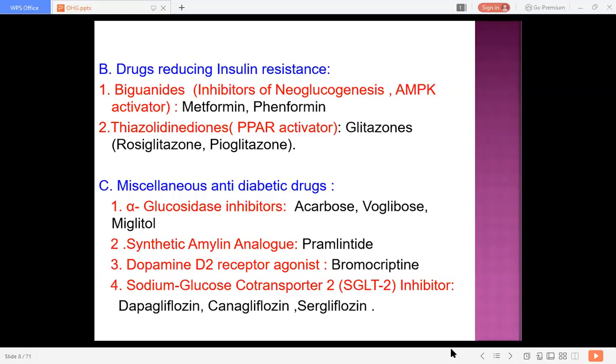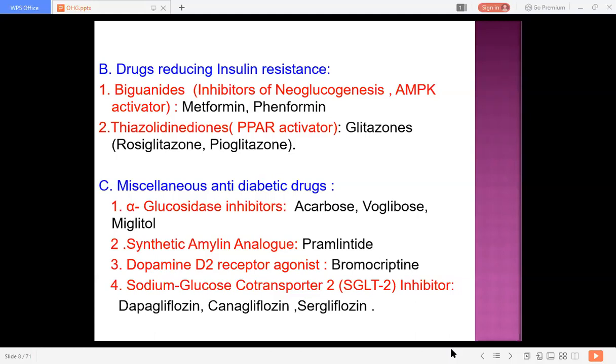Here we should not confuse them with other antibiotics. We have oxazolidinediones, that is linezolid, which is active against vancomycin resistant enterococci. That is an antibiotic. Oxazolidinedione is an antibiotic. Thiazolidinedione here is anti-diabetic.